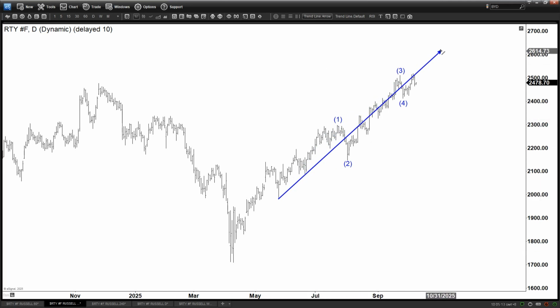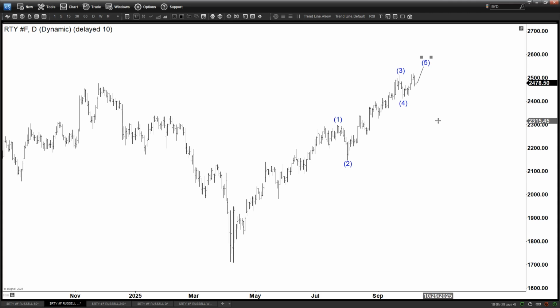This is the 5-wave cycle that we are looking at, and with one more leg up, potentially we finish 5 in blue, and then we'll be doing a bigger correction against this cycle. So that will be another 1, 2 in the higher degree, and this is 3, 4 and then higher again, right? And so that's the idea.